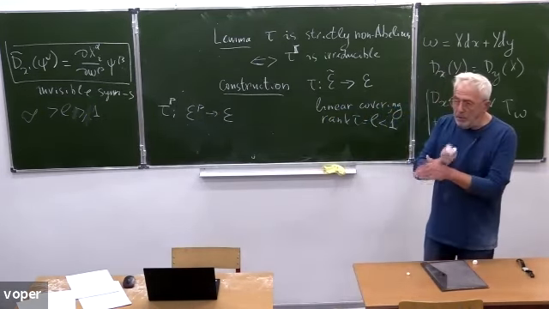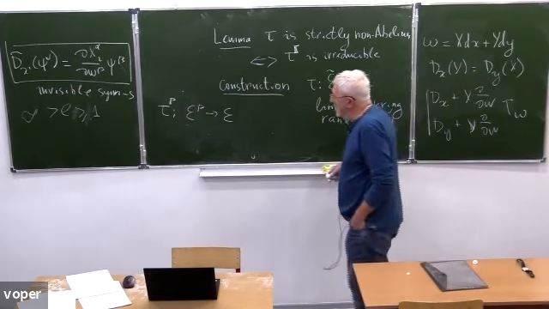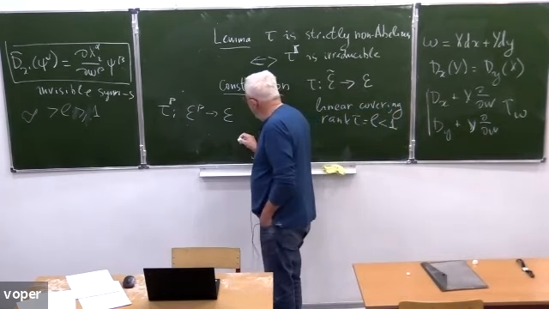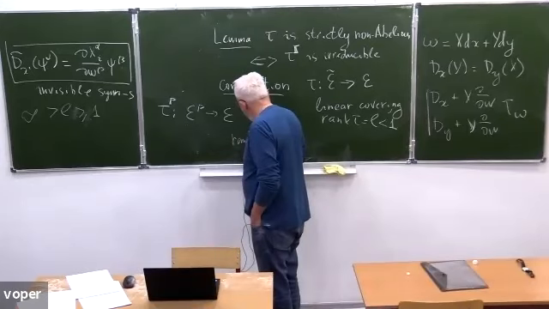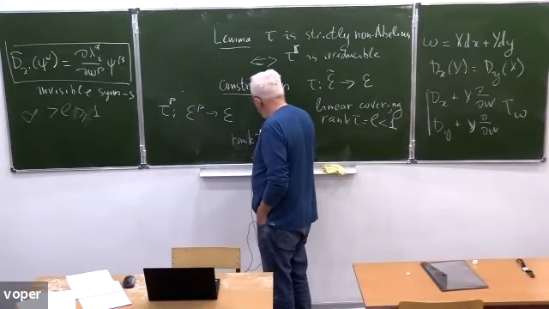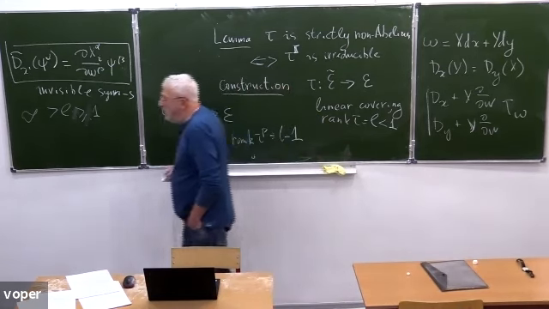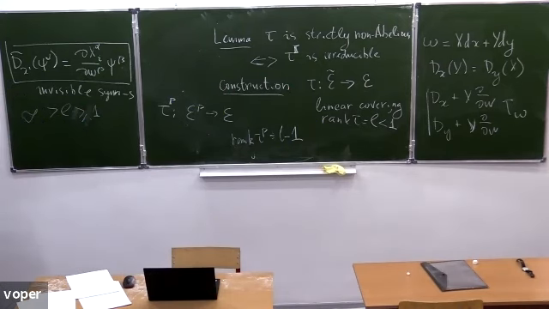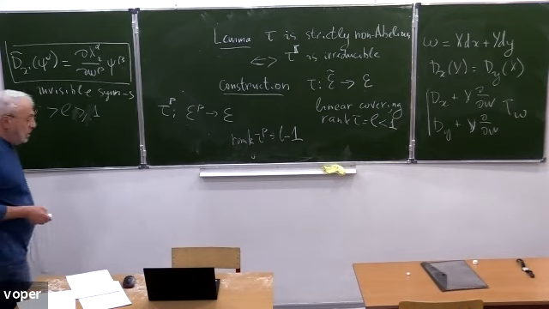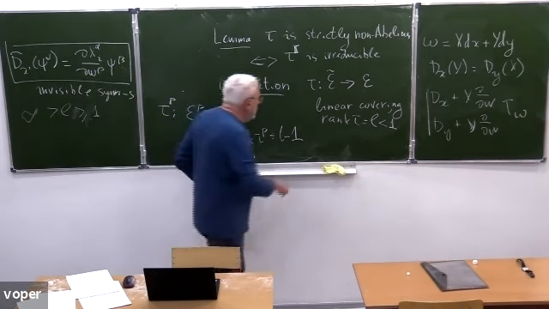We take, and this gives us a covering of rank which is less by one than the initial rank. Well, in coordinates, this construction is quite simple.